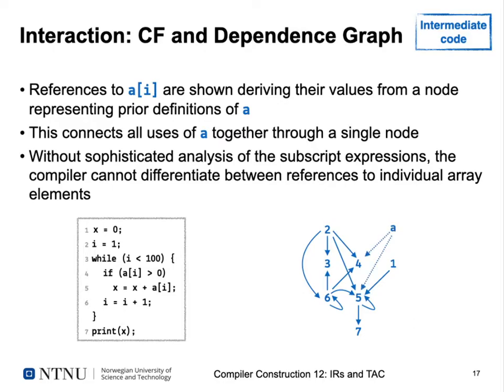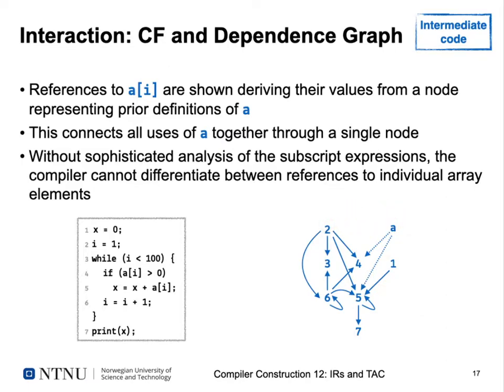Well, finally, of course, we have our array, this array A. We haven't initialized it here, so it just comes from outside. So our array A is used in line 4 for checking the value of the array element, and in line 5 for actually providing the operand to the addition here. So these are all the data dependencies in our short piece of example code.